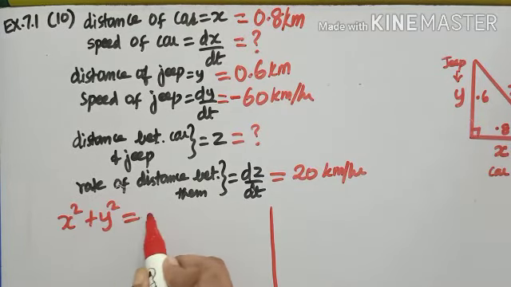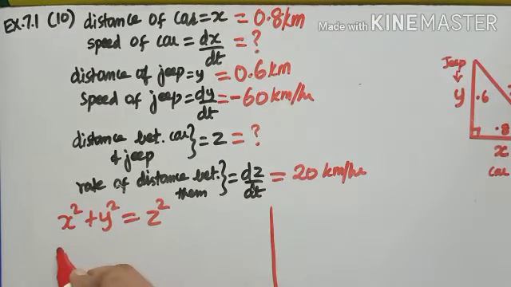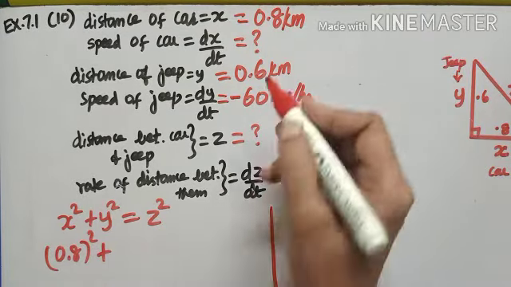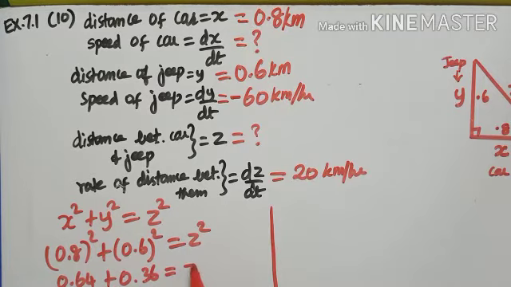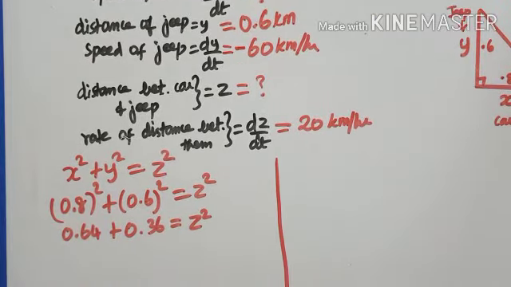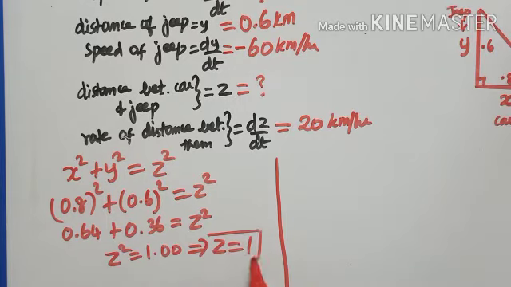X square plus y square equal to z square. Applying, what is x value? 0.8 the whole square. Y value 0.6 the whole square equal to z square. 0.64 plus 0.36 equal to z square, or we get z square equals 1.00, z is equal to 1.